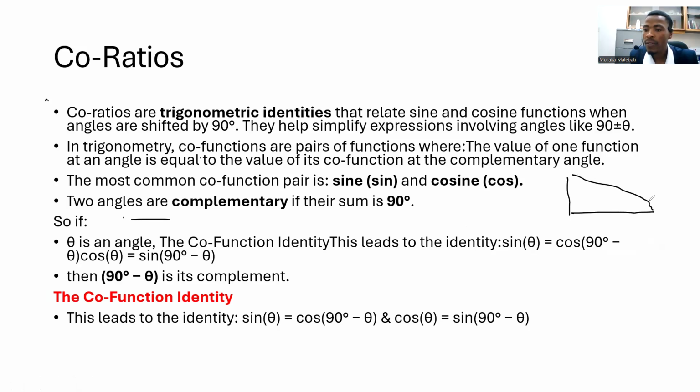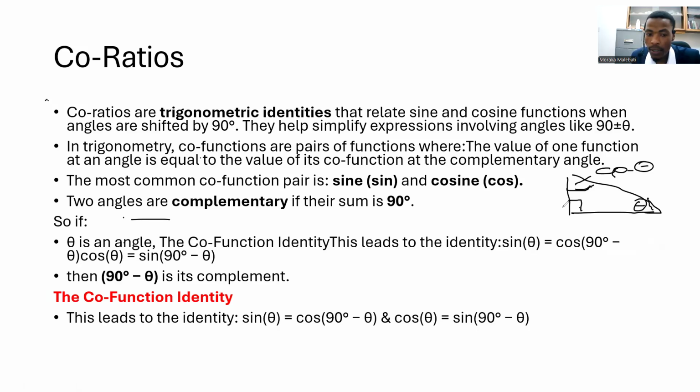We know the sum of the angles in a triangle must be 180. So automatically we are having 90, which means we are left with 45 and 45. If you're having theta here, you are making this angle 90 minus theta. So then it means theta and that one are complementing each other, they must add up to 90.